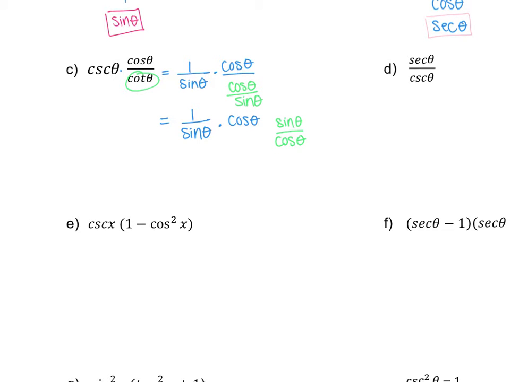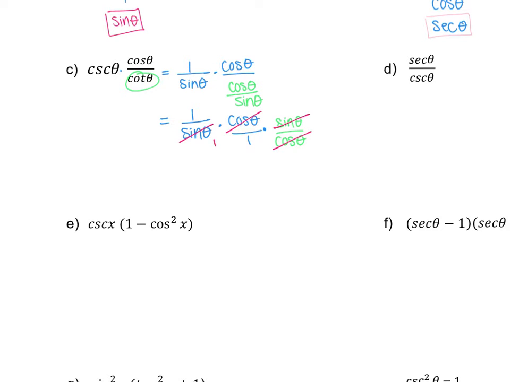And so if I multiply, because when we divide, we multiply by the reciprocal, I notice that the cosines are diagonal from each other, so they cancel. But I also notice that the sines, even though these two are a little bit further away, are diagonal from each other. This sine is in the top and this sine's in the bottom. So they will also cancel.